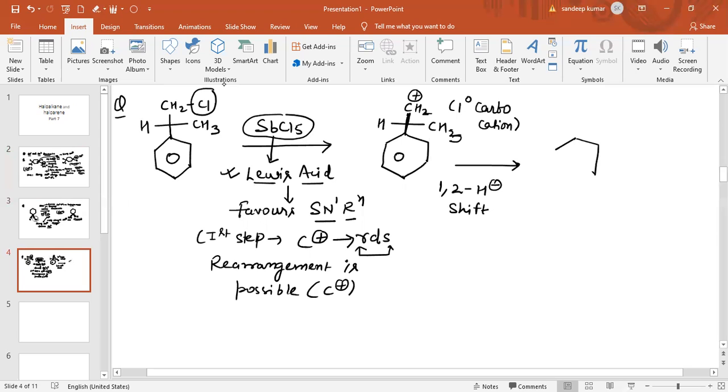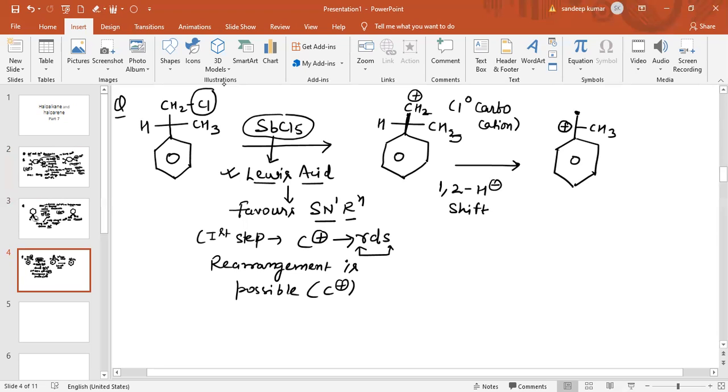When the 1,2 hydride shift occurs, the positive charge will come on the carbon atom on which the CH3 group is present.